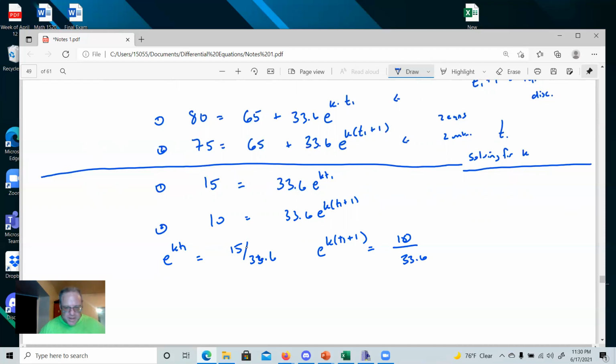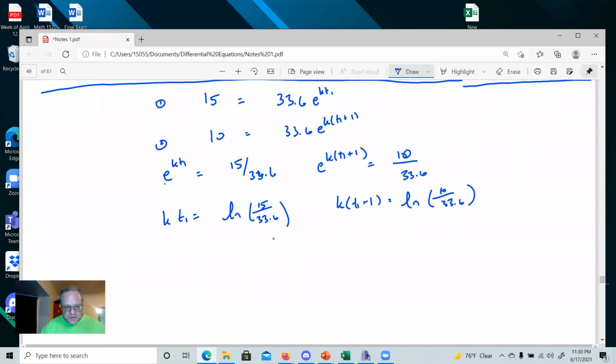Okay, so let's see here. We're going to have a logarithm, so take the logs of both sides. We're going to have kt1 is equal to the natural log of 15 over 33.6, and we have kt1 plus 1 is equal to the natural log of 10 over 33.6.